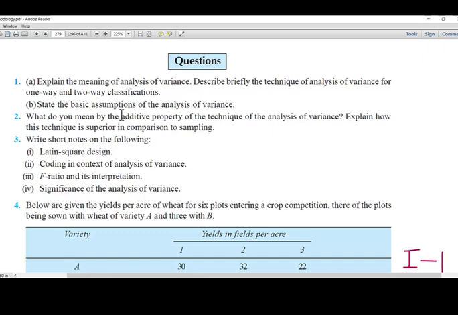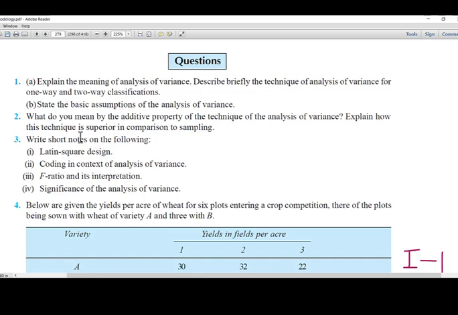And if we consider even the degrees of freedom, the degrees of freedom for SS total, n minus 1, is the summation of the degrees of freedom for SS between, k minus 1, and the degrees of freedom n minus k of SS within. Or we say that n minus 1 equals k minus 1 plus n minus k. That explains the additive property of the ANOVA technique.